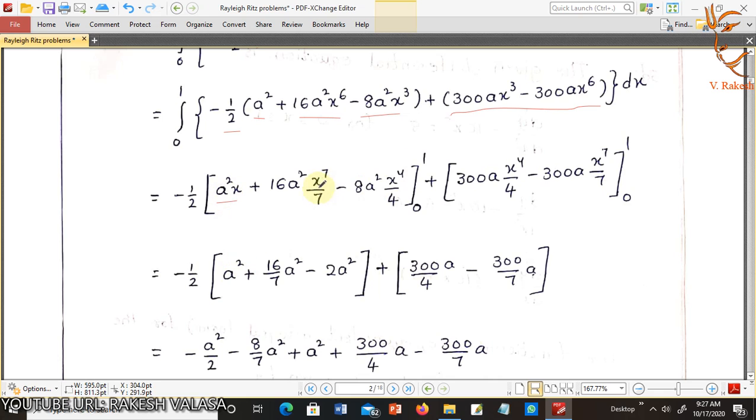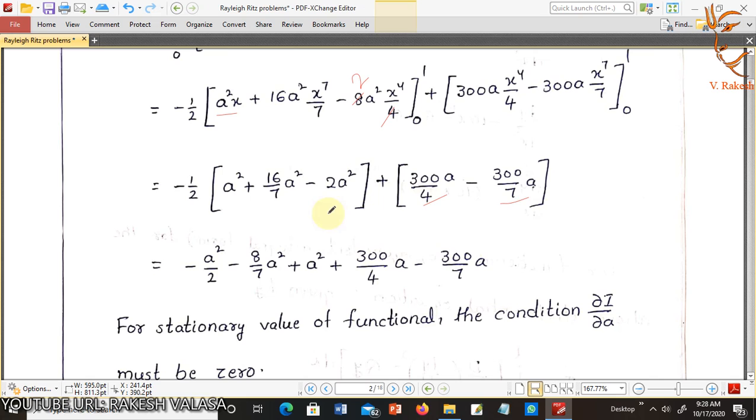Now substitute: a square into 1, minus 16 by 7 a square into 1, minus 8 a square by 4, that is 2 a square into 1 power 4, plus 300 a by 4 into 1 power 4, that is 300 by 4 a, minus 300 a by 7 into 1 power 7, that is 300 by 7 a.